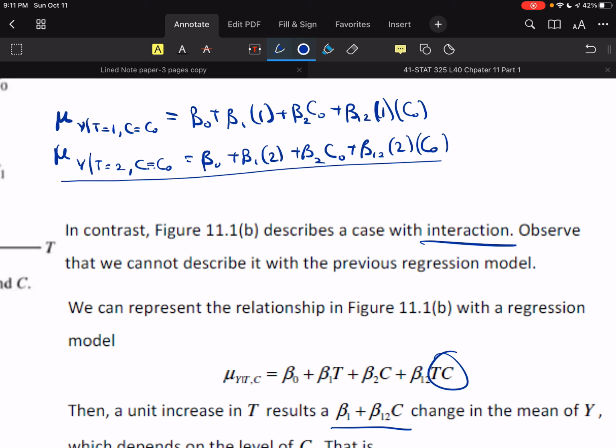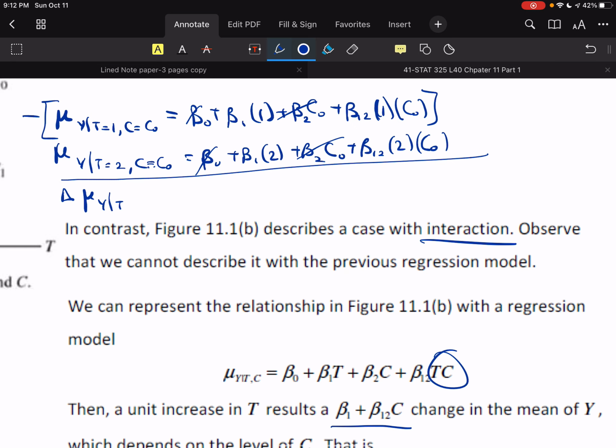If we subtract these two, then again, these cancel, and I'm subtracting the first from the second, not the other way around. Then delta mu of y given t, comma c, equals 2 beta 1 minus beta 1.